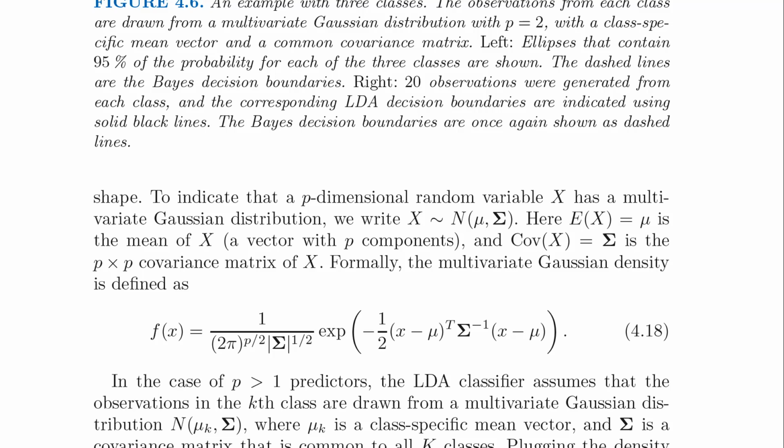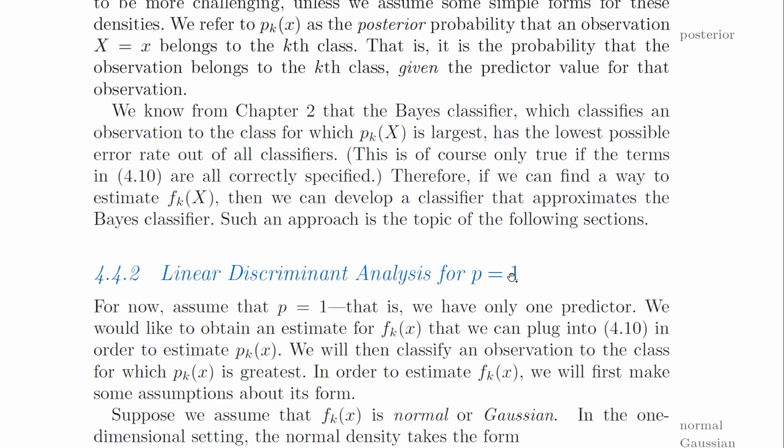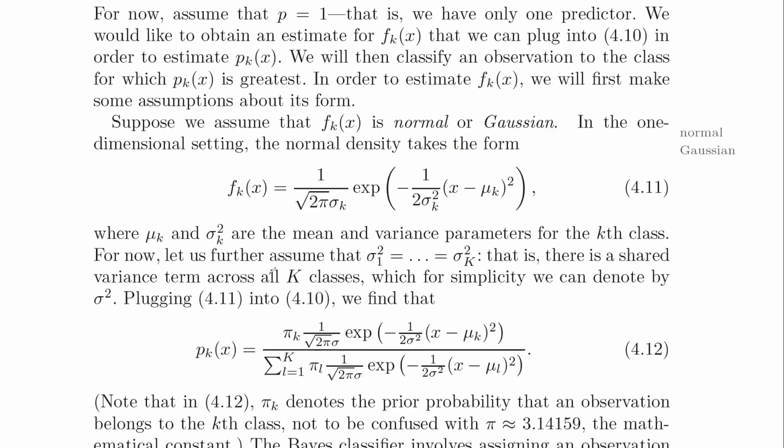Is the p by p covariance matrix of x. Formally, the multivariate Gaussian density is defined by this function. Let's make it clear that it's the same as what we've been working with for the situation where you have just a single predictor variable.